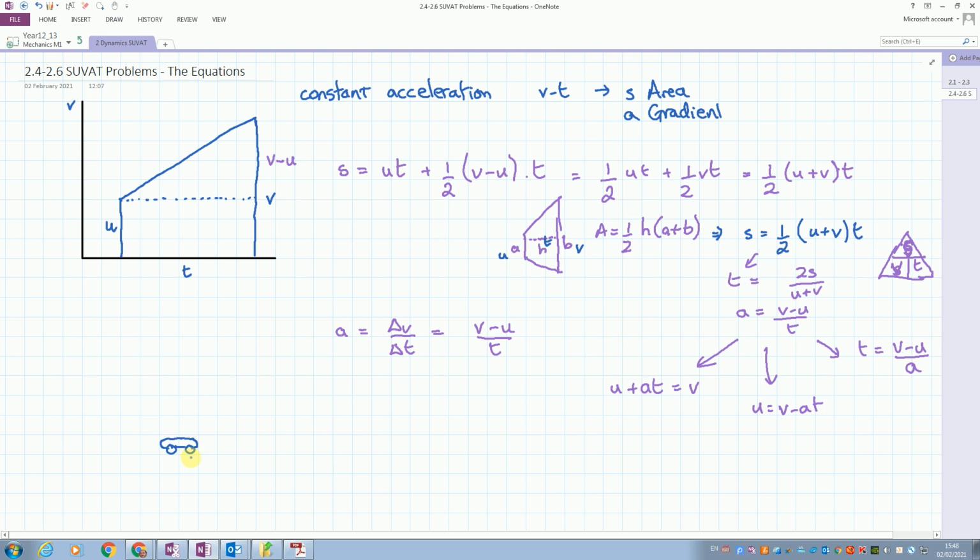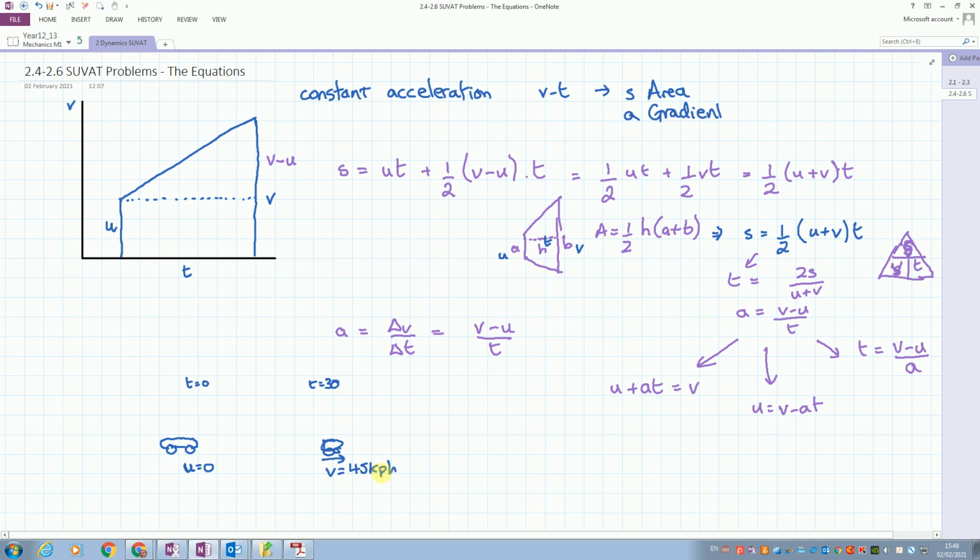So a car starts from rest, so the starting velocity is 0 when T equals 0. 30 seconds later it's past the speed trap, so T equals 30. We've now got a car that's moving at a velocity of 45 kilometers an hour.